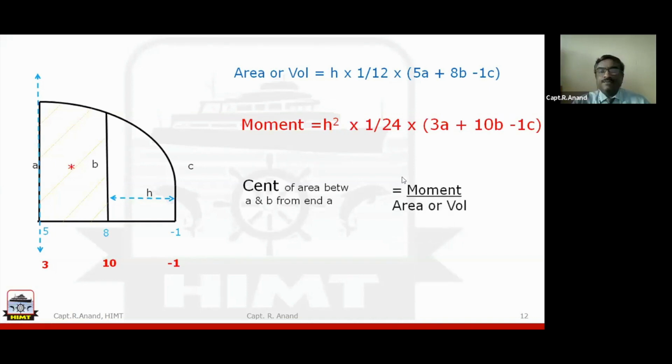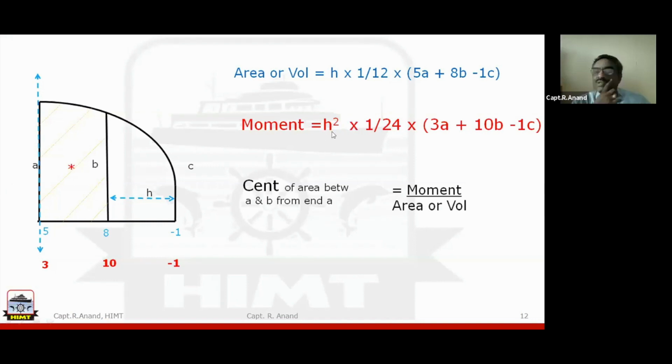So will you explain that h square and 1 by 24 on moment? Yeah, this is actually just like how you use the Simpson's multiplier for area or volume. This is a standard formula. Again, h squared because it is becoming a moment, product of area into distance from a fixed axis.